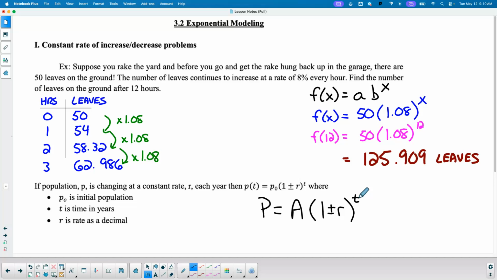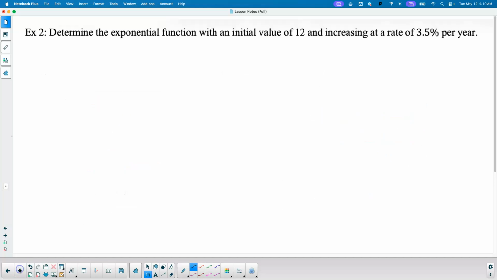So with that being said, determine the exponential function with an initial value of 12 and increasing at a rate of 3.5% per year.